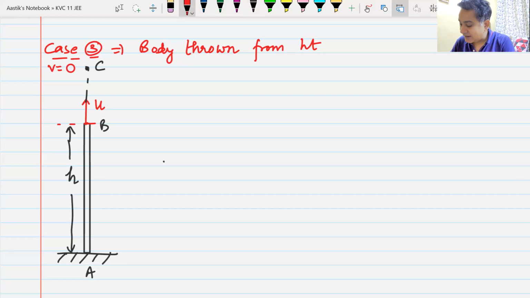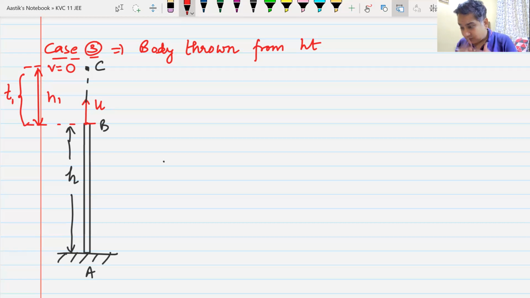Let me call this height as h1. Let me call this time as T1. At point C, the velocity is 0.